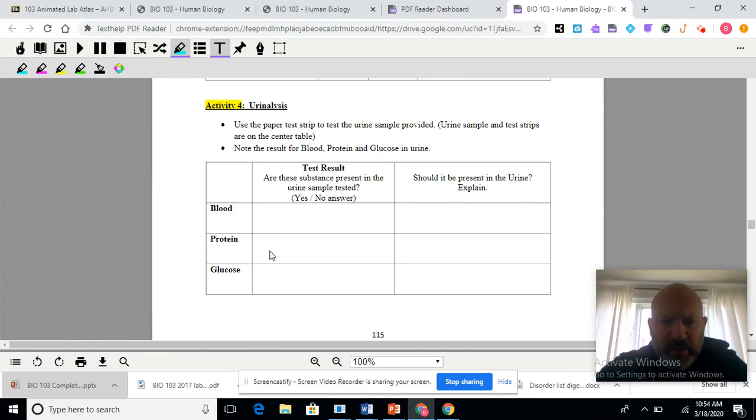So for both blood and protein, let's say no. Those should not be in the urine. And if they are in the urine, both of these would be a sign of high blood pressure. So let's add that.